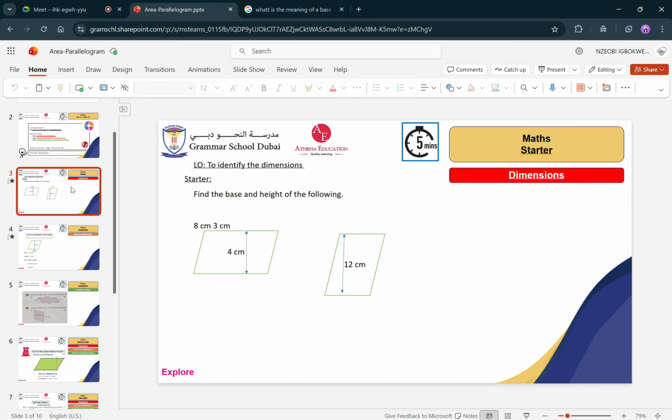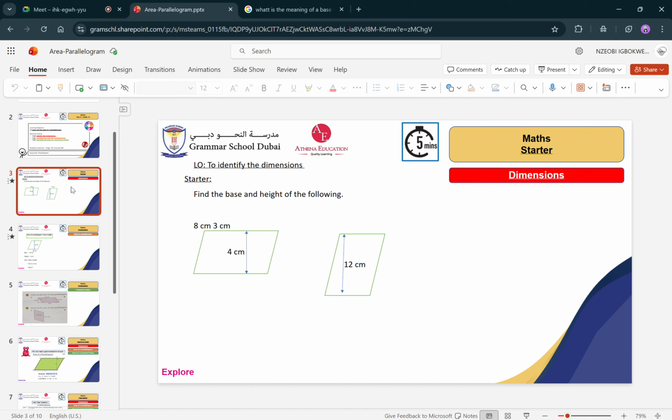There's one parallelogram inside of the starter that has 4 centimeters as its height and 8 centimeters as its base.